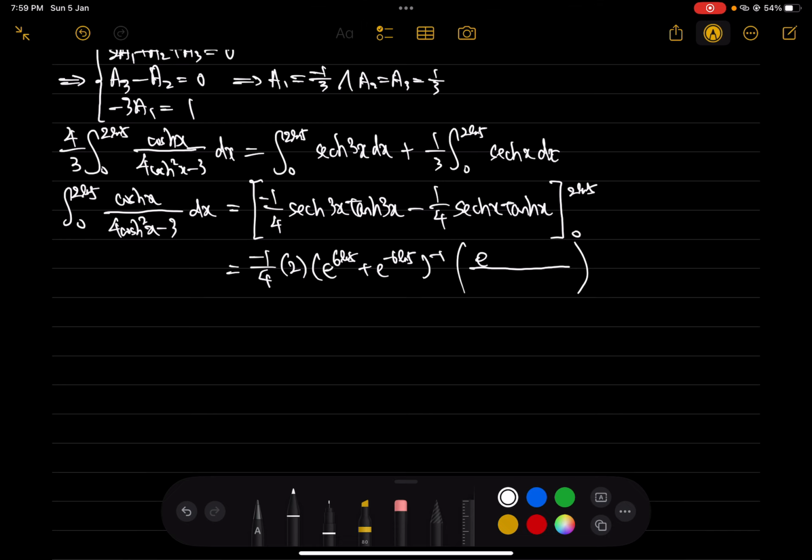So 6, 4, so wait, hold on. 3 times 2, 6 times 2 is 12. And then, hold on, let me check one thing. Okay, so 0 in this term is 0, so we could ignore that. Minus 1 over 4 of 2 times e of this minus this, negative 1.